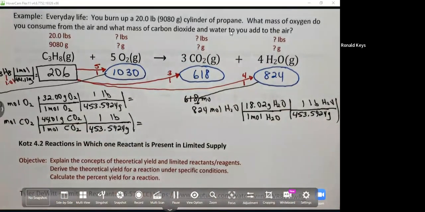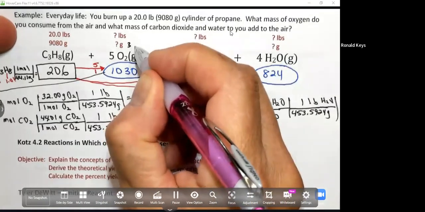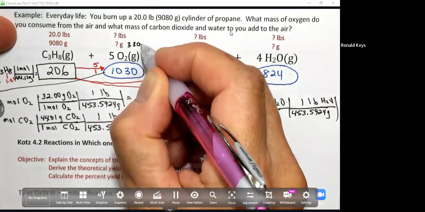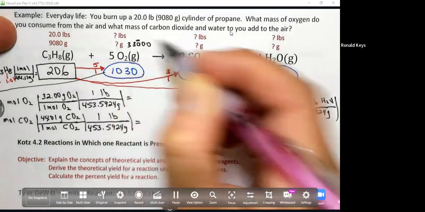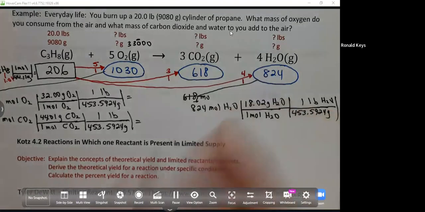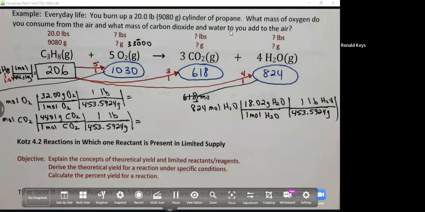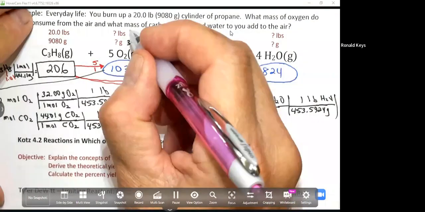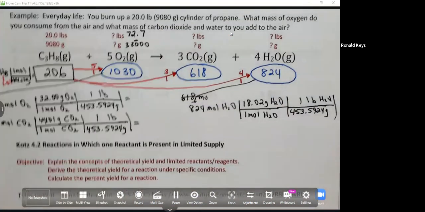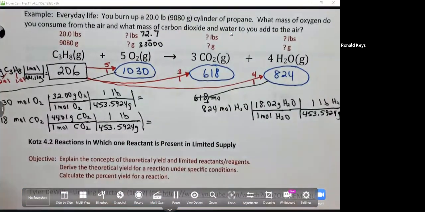All the 3 sig figs would get us 72.7 pounds of oxygen.